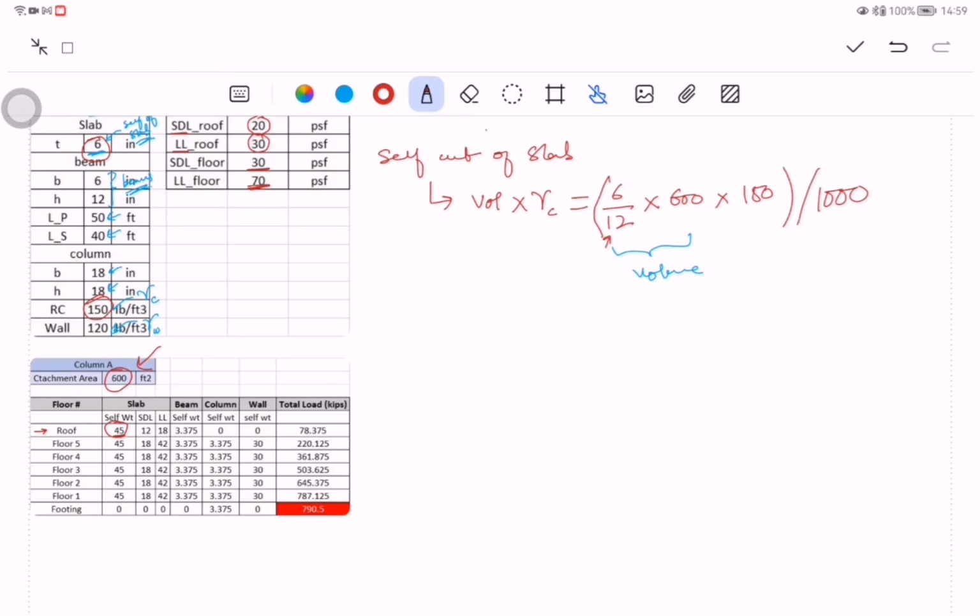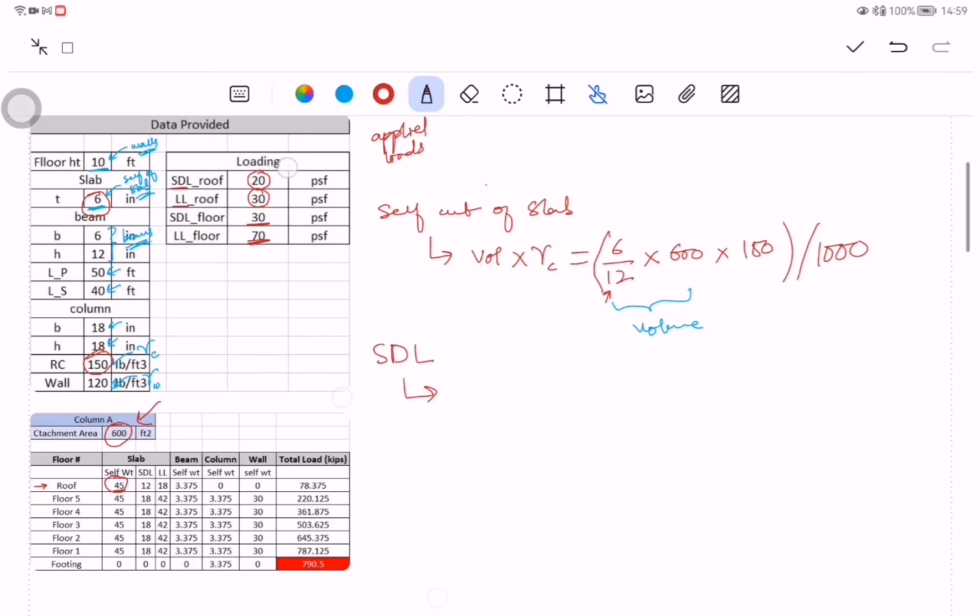Similarly, if we talk about superimposed dead load at the roof level, it is this 20 psf. So 20 psf multiplied by the catchment area. So we know the catchment area is 600 square feet.